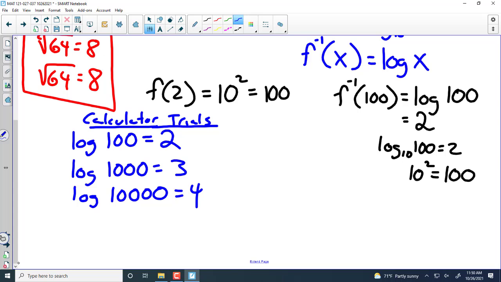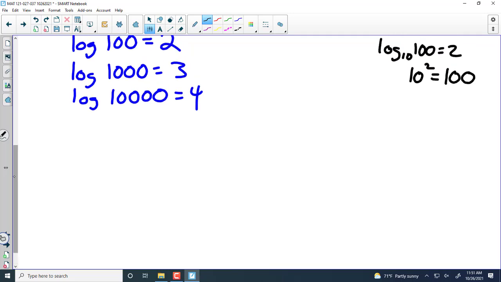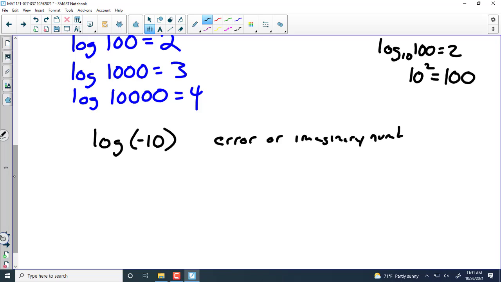You will also see that on some calculators, if you try to do the log of negative 10, depending on your calculator, that's either going to give you an error or it's going to give you an imaginary number. We don't do it in this class, though, because negative 10 is outside our domain.